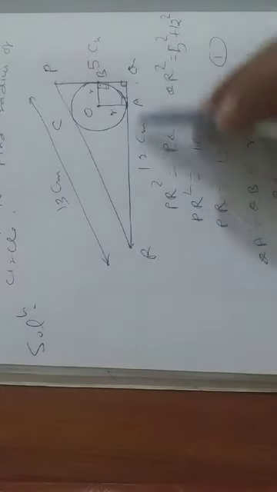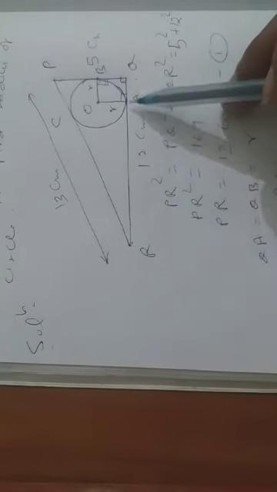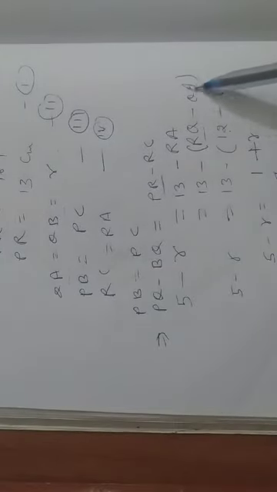So RQ is 12 minus QA, which is R, so 12 minus R. So here we have written RA is equal to RQ minus QA, which is 12 minus R, and from this equation we have found R is equal to 2 centimeter. This is an example. Now consider another question.